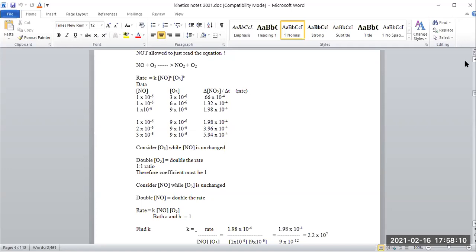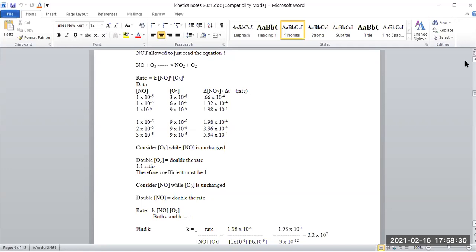At this point, we held it still at 1 × 10⁻⁶. If you double your O3, your rate doubles. So this helps us identify the fact that your coefficient for the ozone O3 molecule needs to be 1.